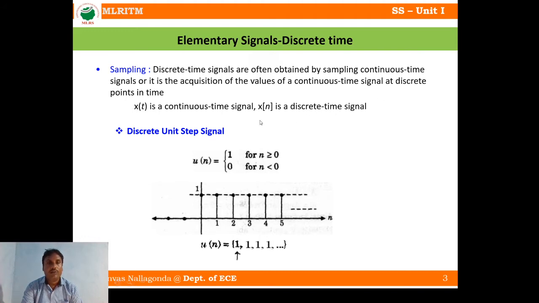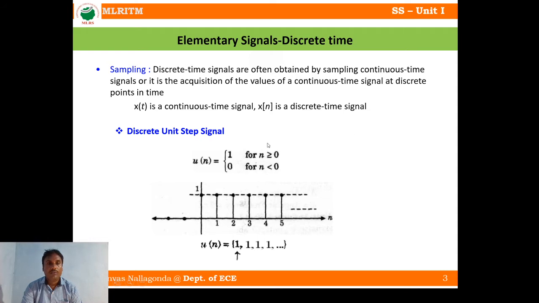We already know that x of t is a function of continuous time, whereas n indicates discrete time. So sampling converts a continuous time signal to a discrete time signal. We have already discussed this topic in the previous lectures.